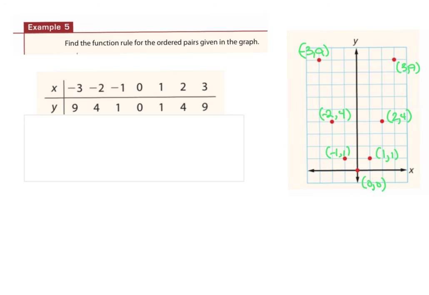Now you'll notice that the top row is going up by 1s, right? The bottom row seems to be changing. It's going down by 5, 3, and 1, and then up by 1, 3, and then 5. So there's not really a pattern that you can see between the x's and how they're changing and the y's.